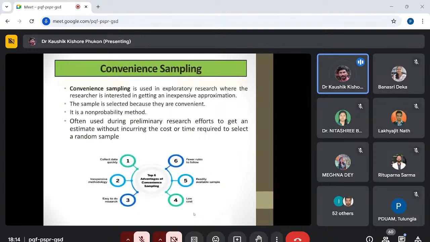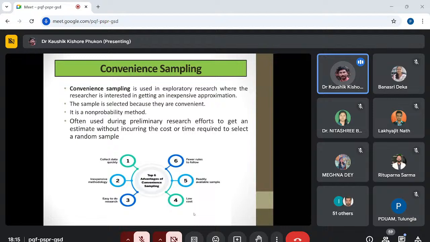So the first kind of non-probability sampling is convenience sampling. Convenience sampling is used in exploratory research, where the researcher is interested in getting an inexpensive approximation, often used during preliminary research efforts to get an estimate without incurring the cost or time required to select a random sample.